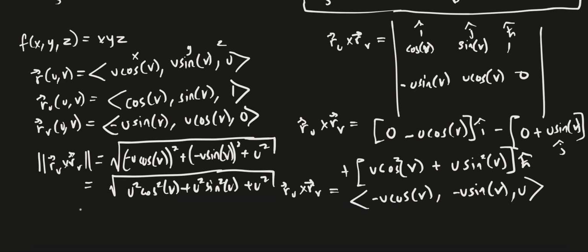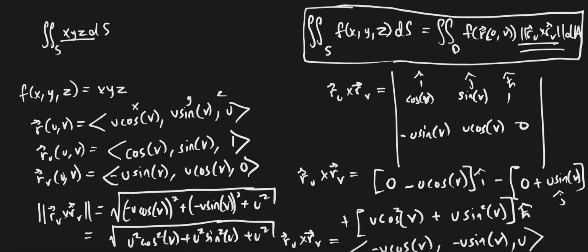This can be factored out again, so it's u squared times 1 plus 1, so u squared plus u squared, 2u squared, which is root 2 u. That's what's going in here.